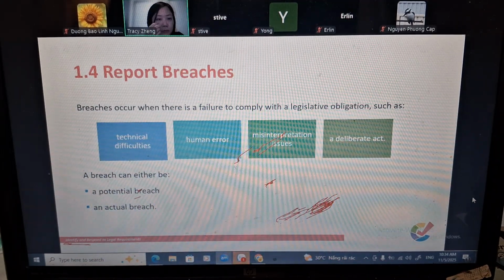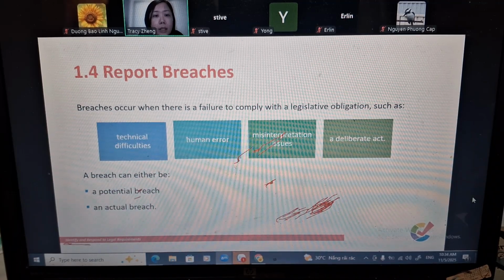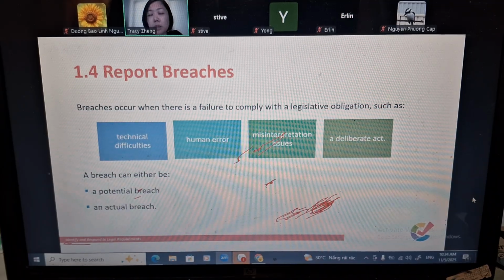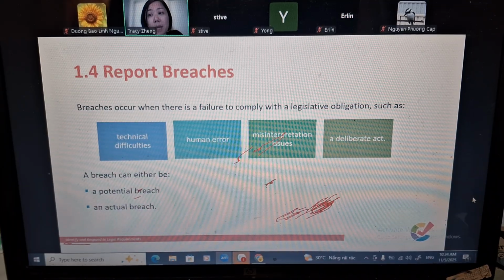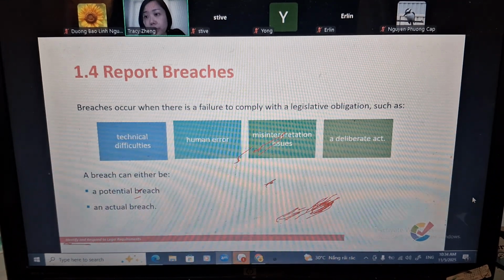Such as if there is any human error, technical difficulty, or any misinterpretation issues, etc., that would also be considered breaches. We are human beings, but sometimes our human error will still count as a breach.